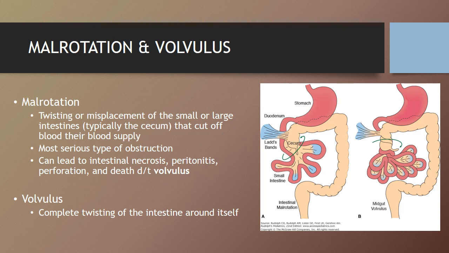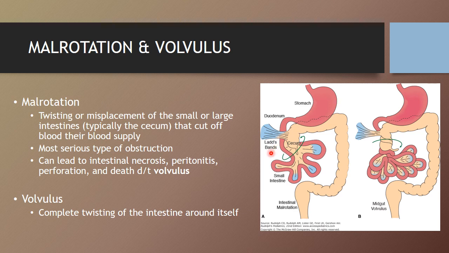Next, we have malrotation and volvulus. Malrotation, which you can see right here on this left side, this typically occurs near the cecum. It's a twisting or misplacement of the small or large intestines, typically the cecum, that cut off their blood supply. You have that mesenteric artery that runs around up in here.